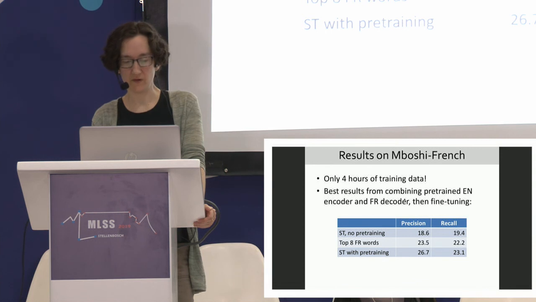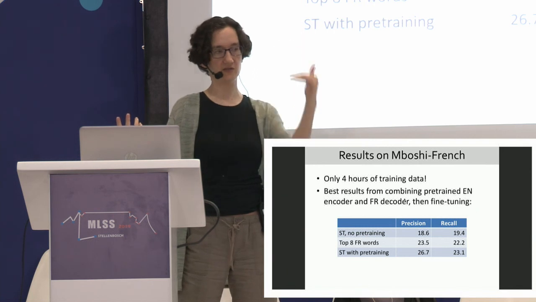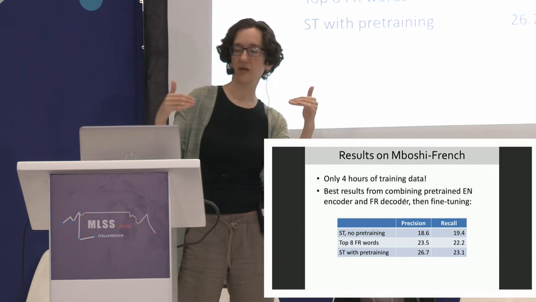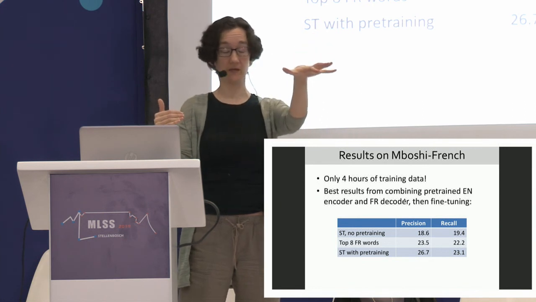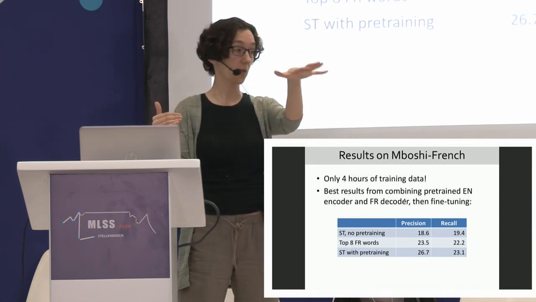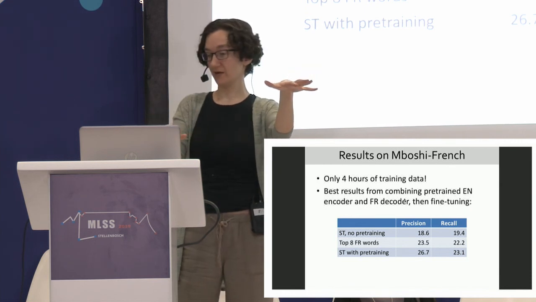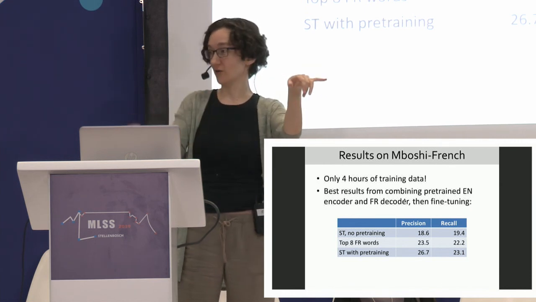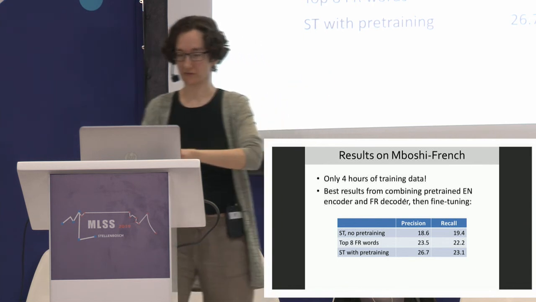In fact, what we found was that the best results we were able to get here was by pre-training 2 different models. We pre-trained an English ASR system, we pre-trained a French ASR system, and then we took the encoder from English, which was better because we have more English speech data, and we took the decoder from French because this Mboshi French model needs to go into French, so maybe we learned something about French there, and we combined the 2 of those.